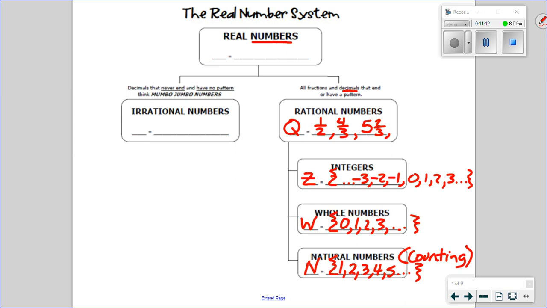But the decimals have to either end or have a pattern, meaning they repeat. So a decimal that ends would be something like 2.5. That decimal can be converted to a fraction, as a fraction it is 5 divided by 2. Or decimals that repeat, so maybe like 1.333333. The 3's go on forever, and so we usually just put a bar above what repeats.